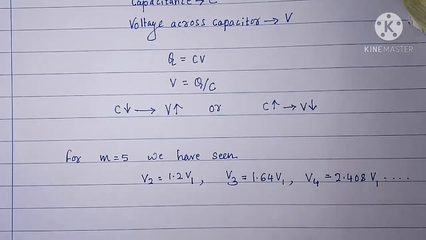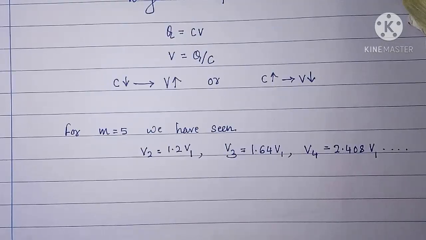In other words, we can say that each unit used in string insulator should be so designed that they have got different capacitances, and those capacitances are to be arranged in the ascending order from top to bottom.